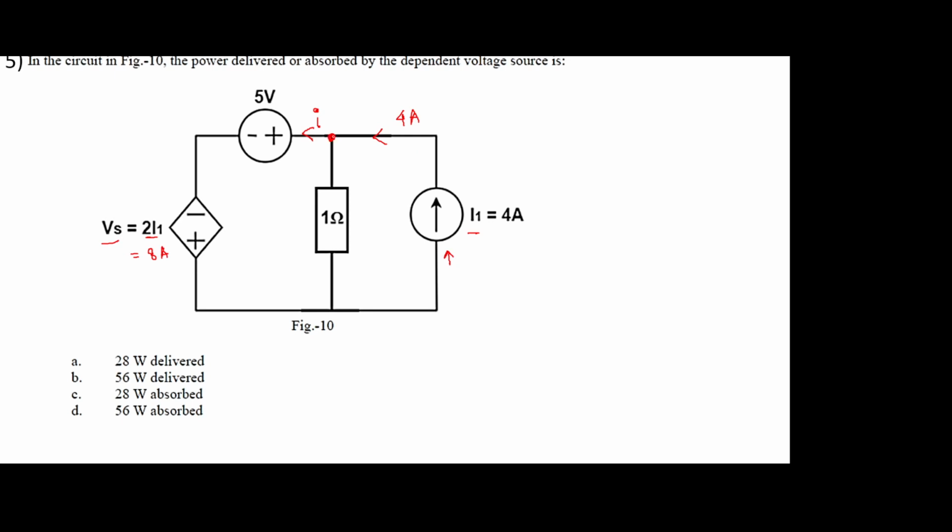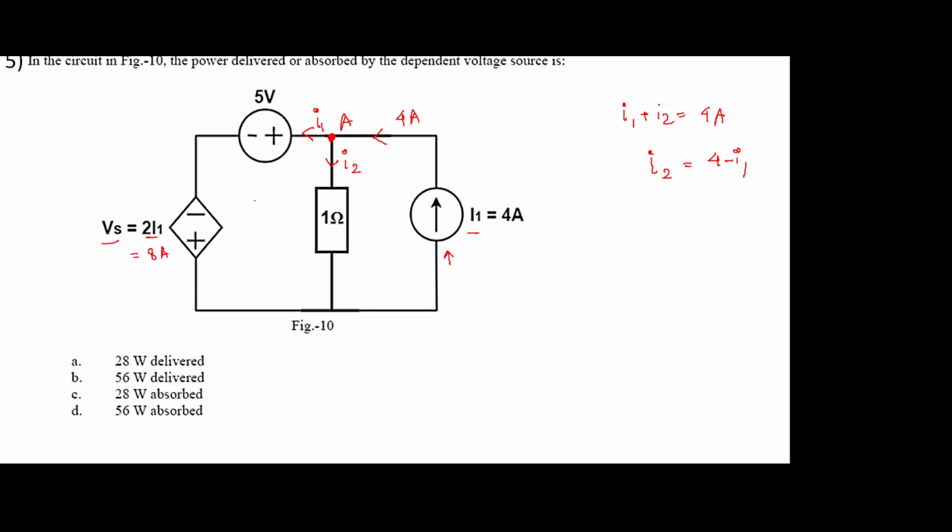Now using KCL at node A, let's consider this to be I1, this to be I2. Then using KCL, I1 plus I2 equal to 4 ampere. Because we need to calculate I1, we will write I2 in terms of I1, 4 minus I1.